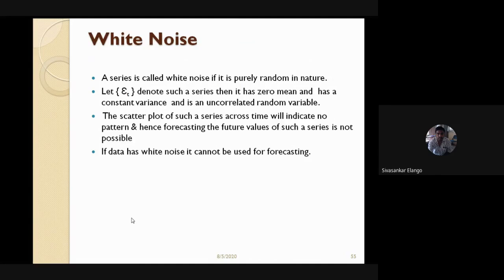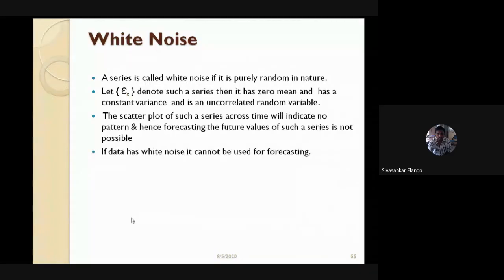If data is white noise data, it cannot be used for forecasting. So before performing time series analysis, you need to check the data set. White noise data has zero mean and constant variance, so it is purely random in nature, and you will not be able to use it for forecasting.